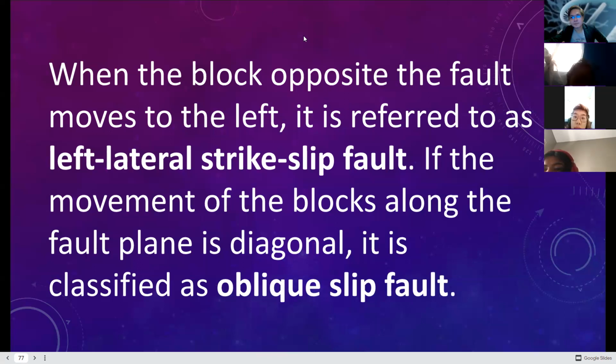Not yet, sir? Okay. The law of inertia, this is actually discussed in grade 7, I think. The law of inertia states that an object at rest remains at rest. An object in motion remains in motion in a straight line unless acted on by an unbalanced force.